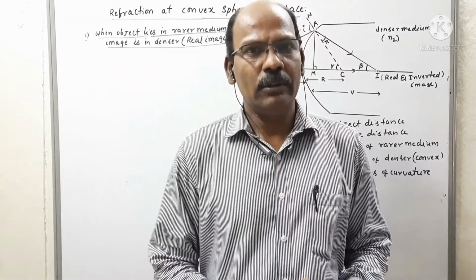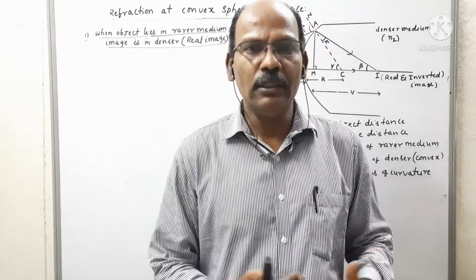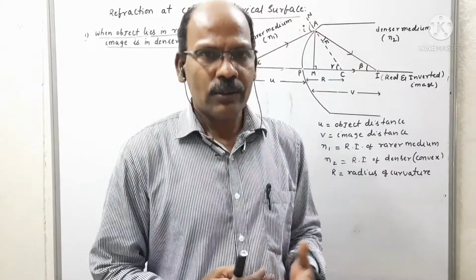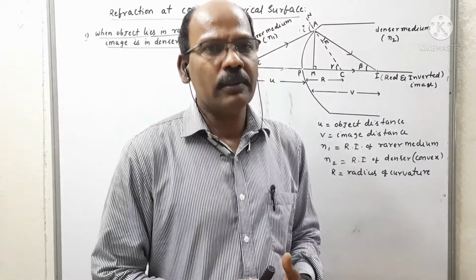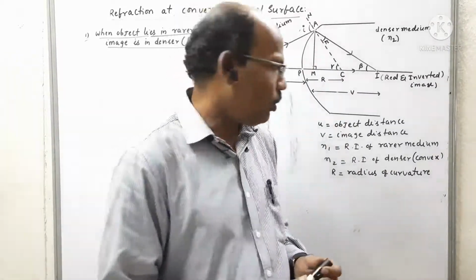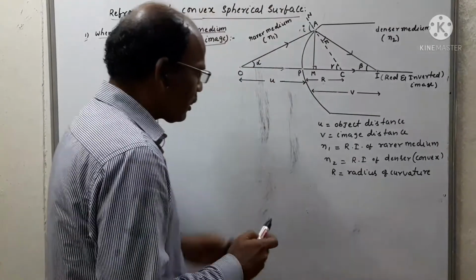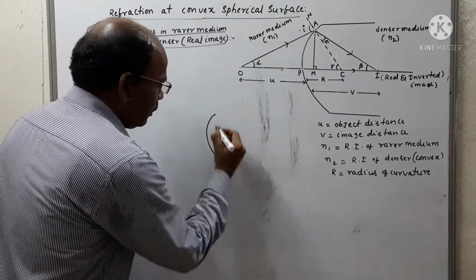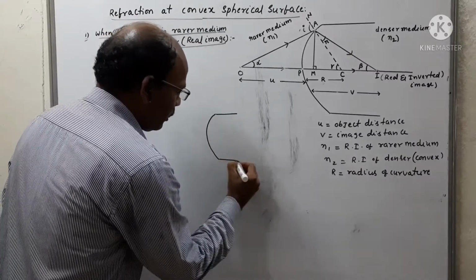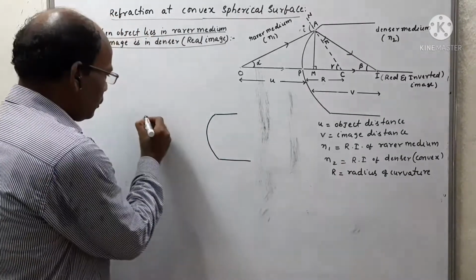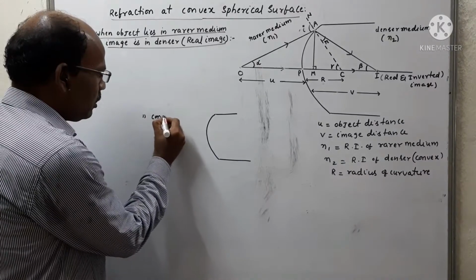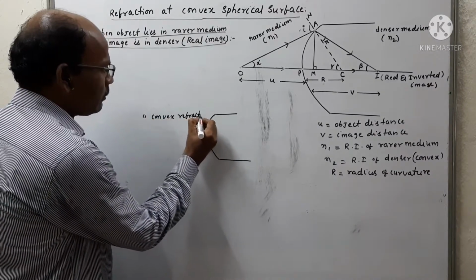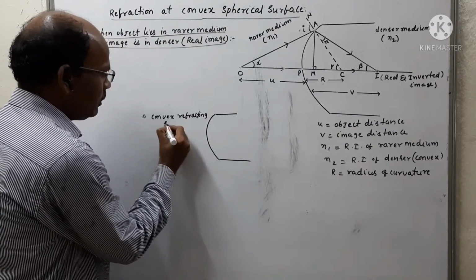Let's observe the refraction of light on spherical refracting surfaces. Generally refracting surfaces are of two types. One is the convex refracting surface.